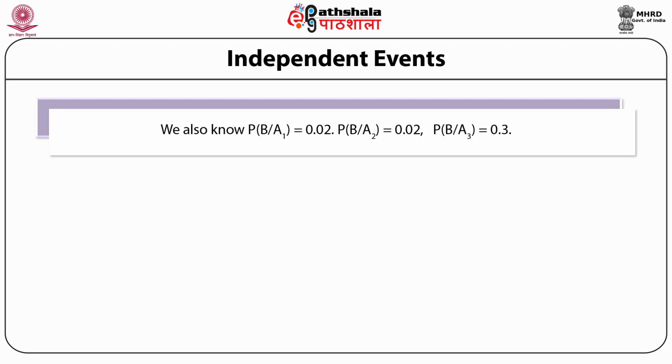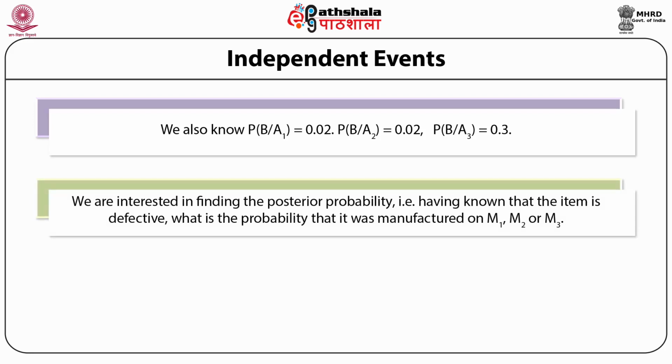Probability of a defective item when A3 is selected is 3%, that is 0.03. We are interested in finding the posterior probability, having known that the item is defective. What is the probability that it was manufactured on M1, M2, M3?